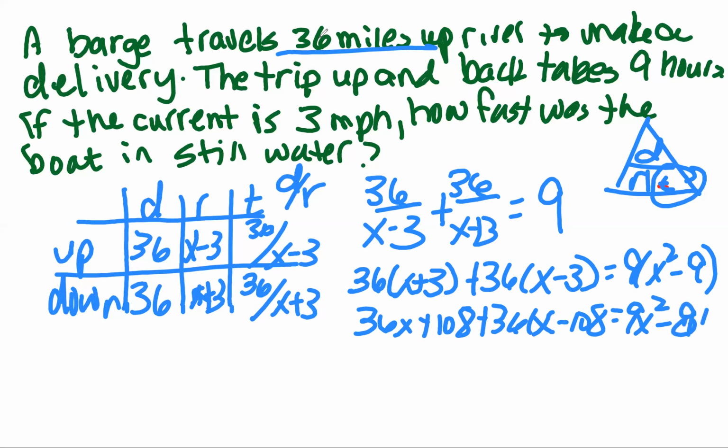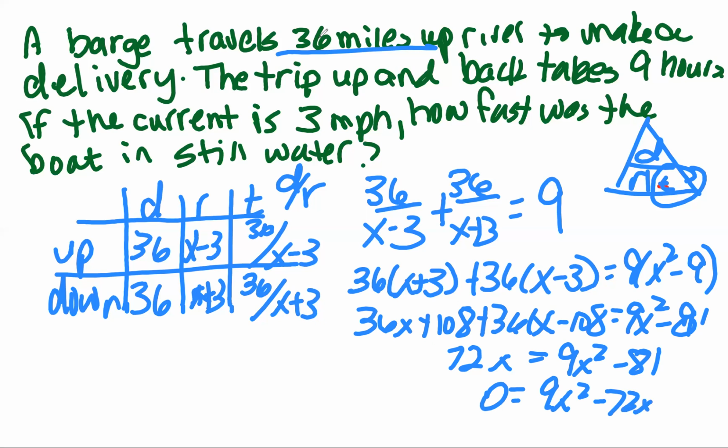Whoops. Combining like terms, 72x equals 9x squared minus 81. Get things equal to 0. So 9x squared minus 72x minus 81.